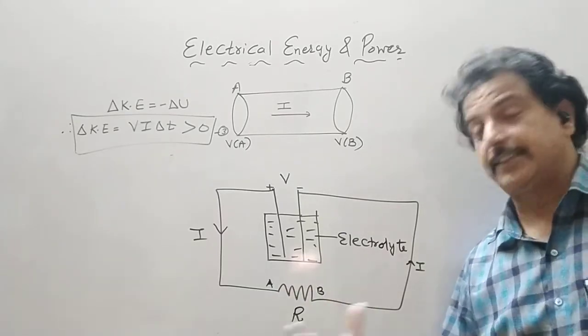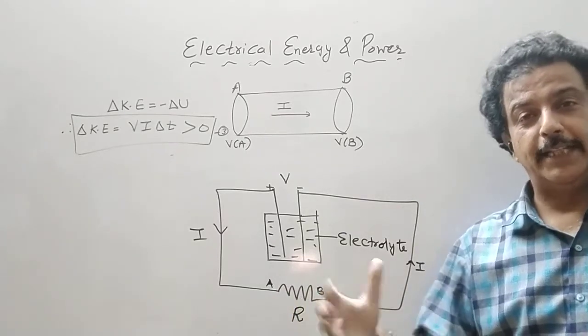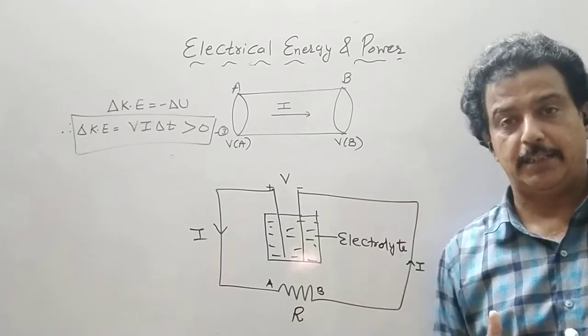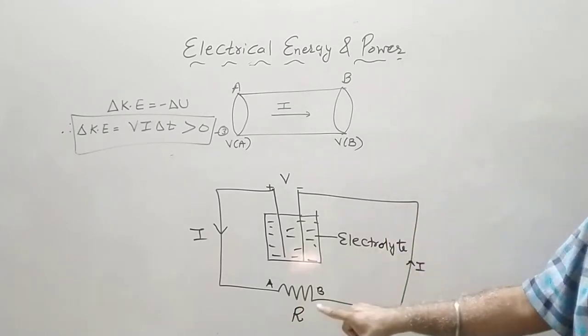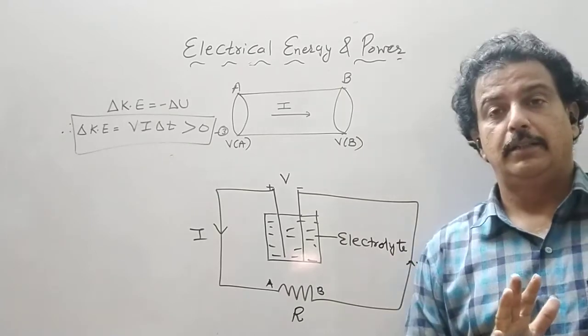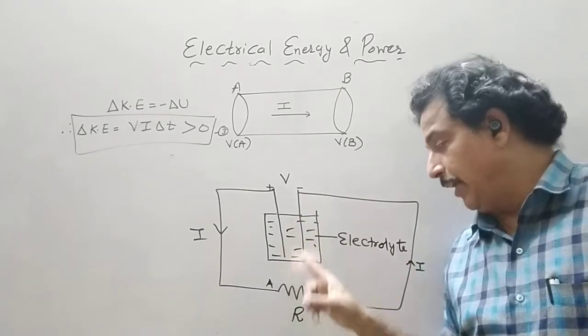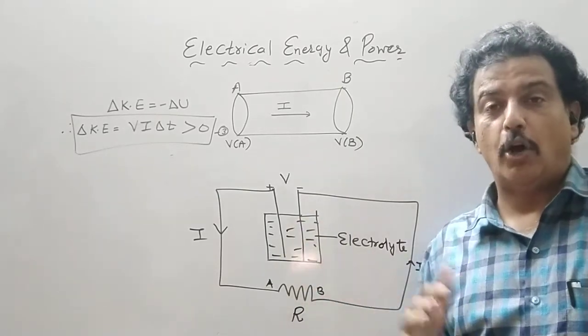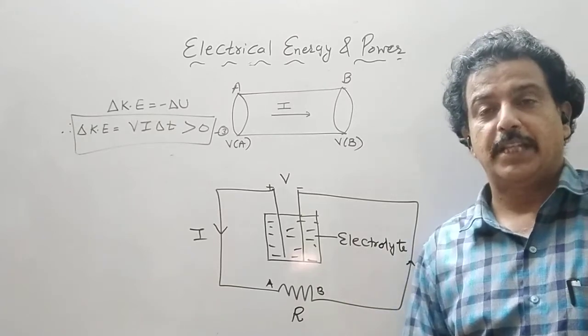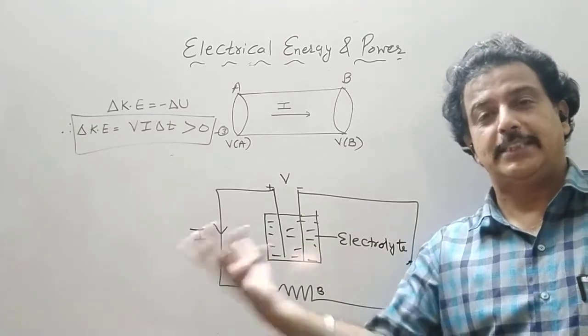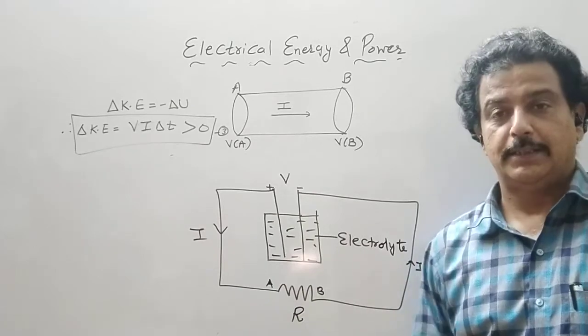Now if it gets heated up, there is an energy loss, or we get heat energy. So if I have connected only a conductor or a resistor, the chemical energy will be converted into heat energy. Now how much heat energy is produced, or you say dissipated, in the form of a loss?